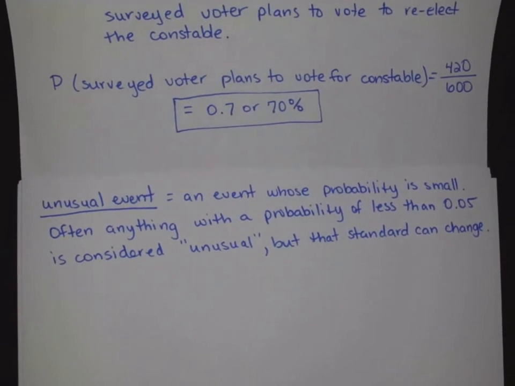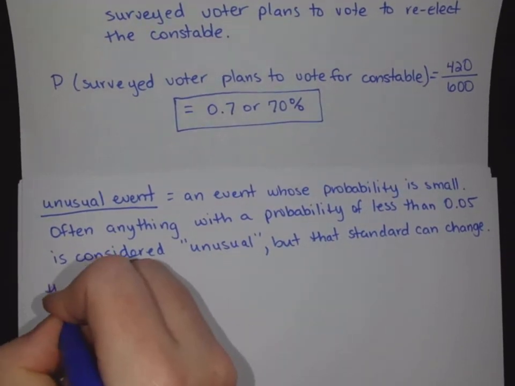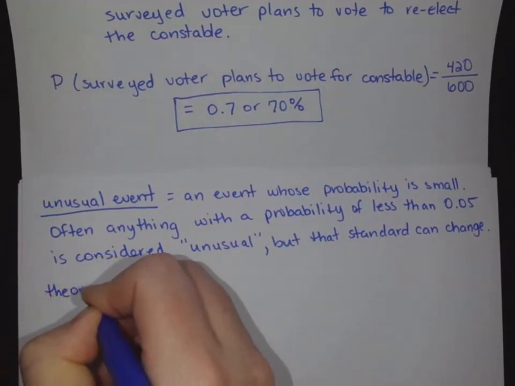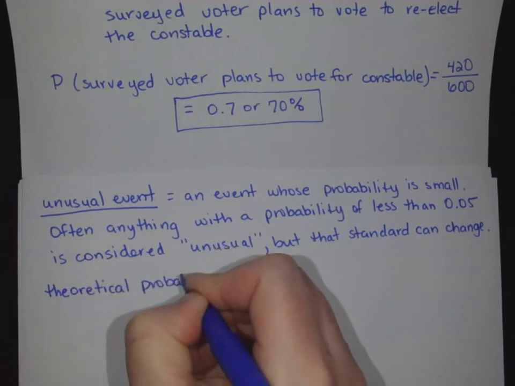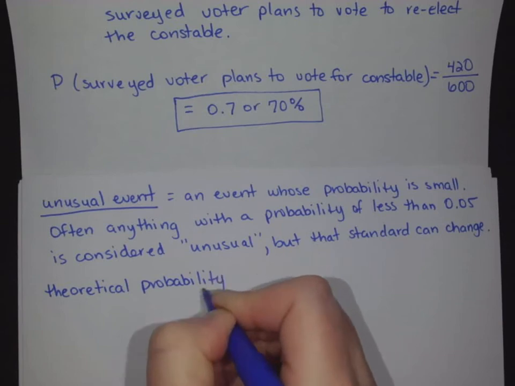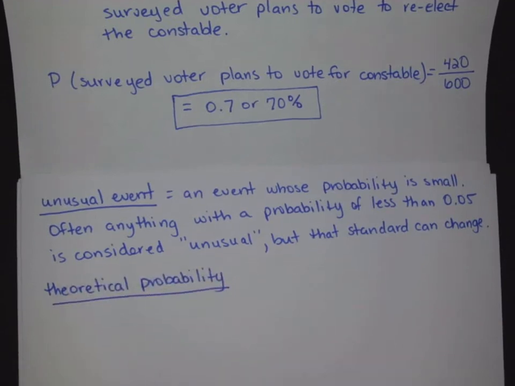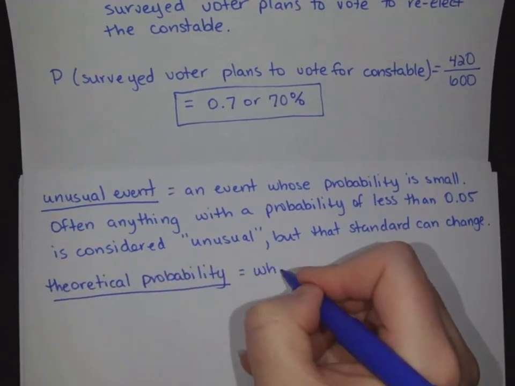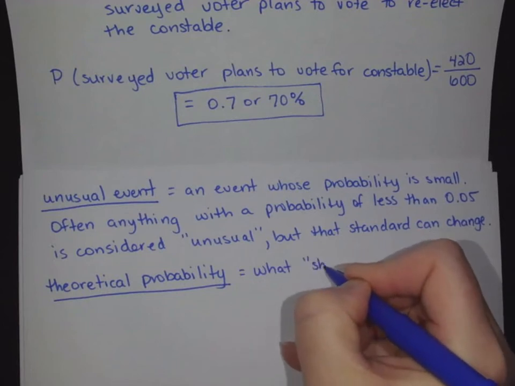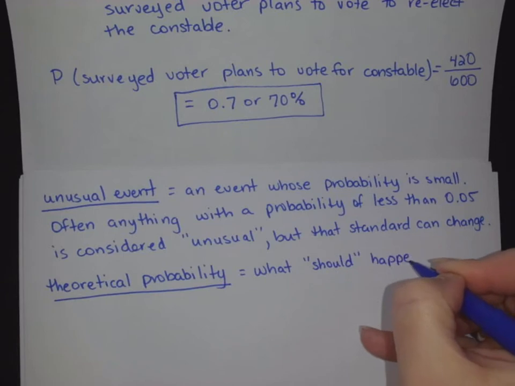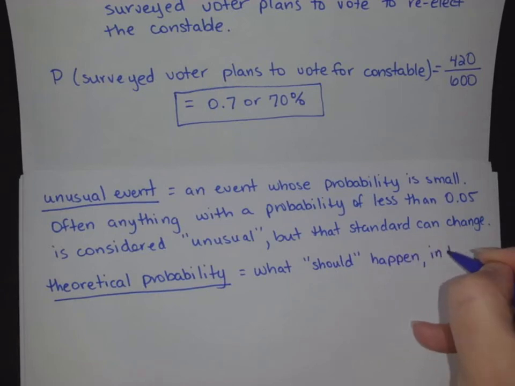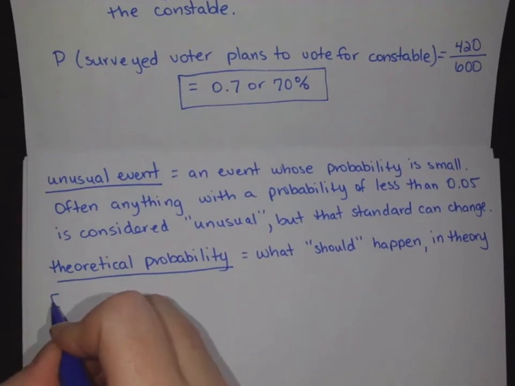Okay, so practically speaking, some of the most misunderstood concepts of probability is the difference between the two types of probability. One is theoretical probability. Theoretical probability is what should happen in theory. An example of that is, this is just perfect theory.